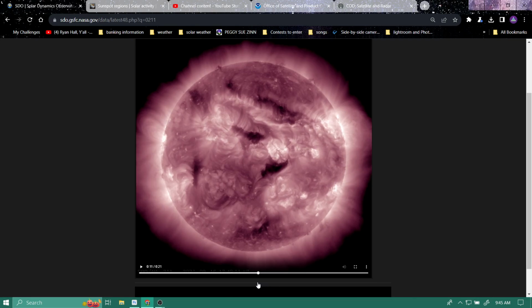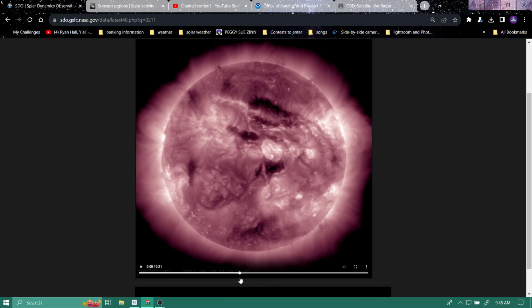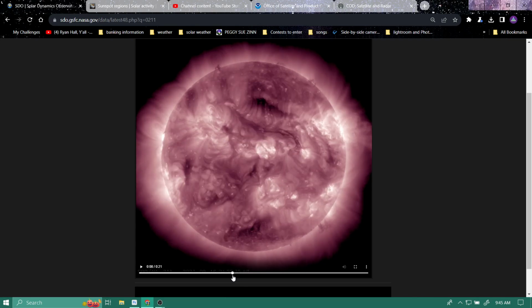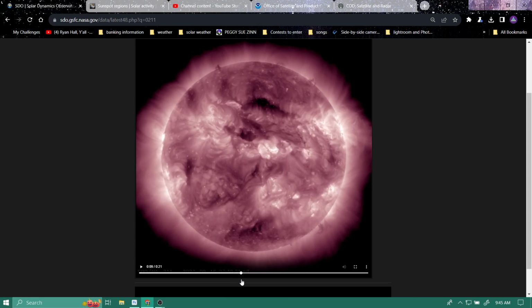So we're rolling this back. Right here, you started to see the reconnection, but here you're starting to see the filament lift off. And right there, if I can get it to sit still, right here is all that plasma leaving the sun. And it kind of wraps right around down into here, wraps all the way back up into here.